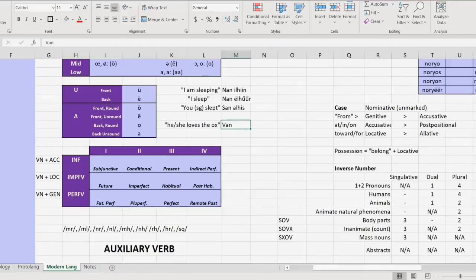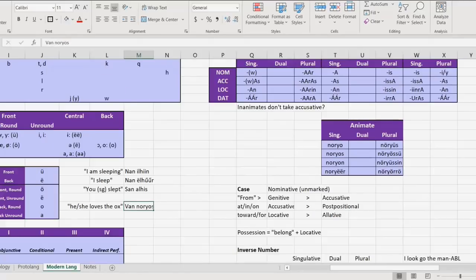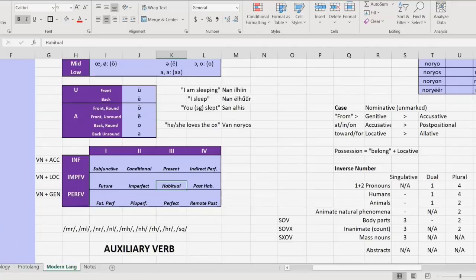Then it's V2 word order, so it would be subject, auxiliary, object, verb. So next word would be the ox in the accusative, which is norios. And then finally the lexical verb would be in the imperfective. And thus, to say he or she loves the ox, you would say van norios murur.